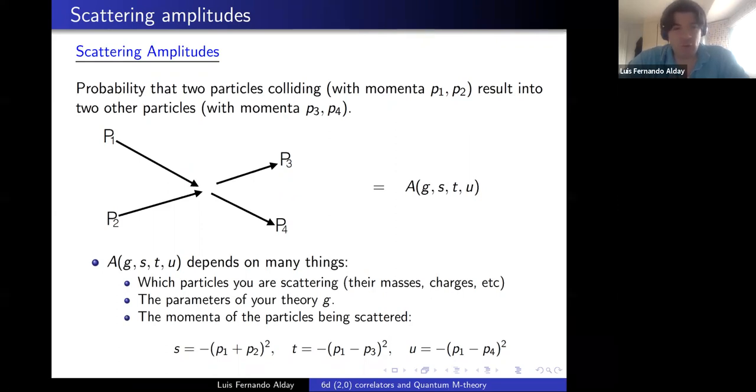It depends on which particles you are scattering, their masses, charges, etc. It can depend also on the parameters of your theory, here denoted collectively with G. And it also depends on the momenta of the particles being scattered through the three Mandelstam variables, S, T, and U, which are these combinations of the momenta P1, P2, P3, P4.